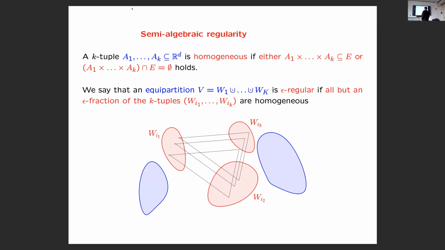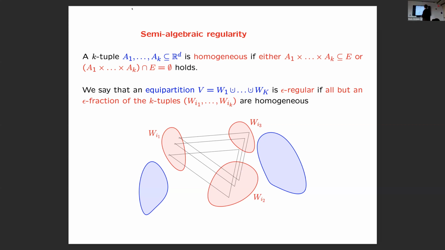So if we are looking at a semi-algebraic hypergraph, first of all, in all regularity results, at least in the classical formulations, we are looking at equipartitions, so each part's cardinalities differ by at most one.